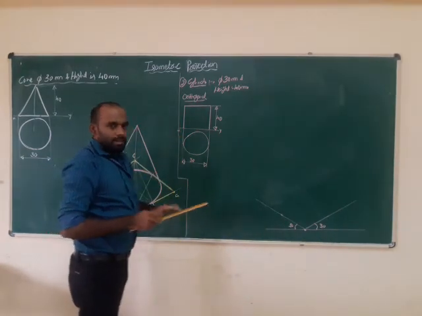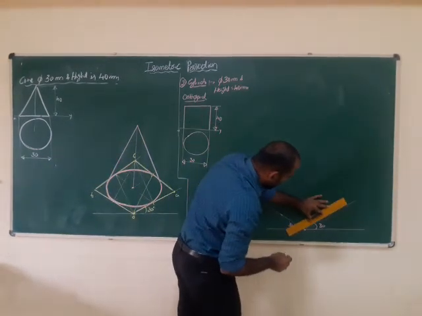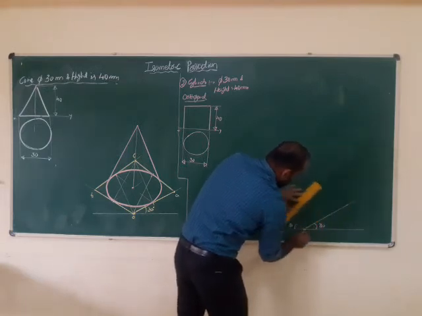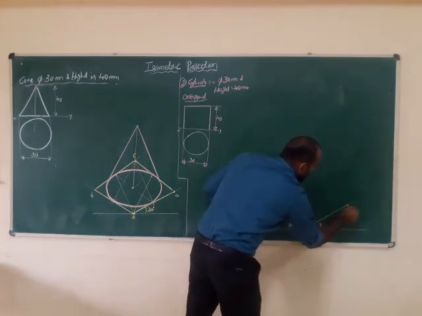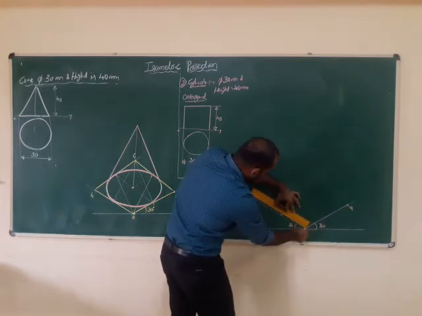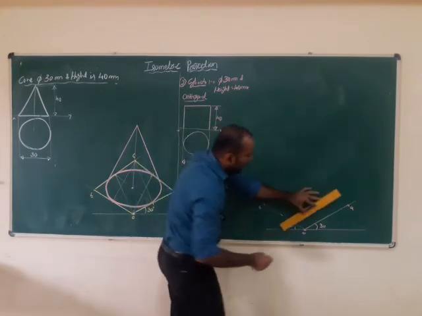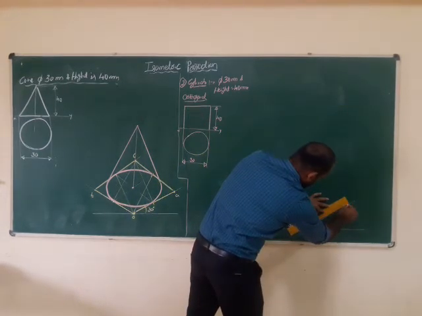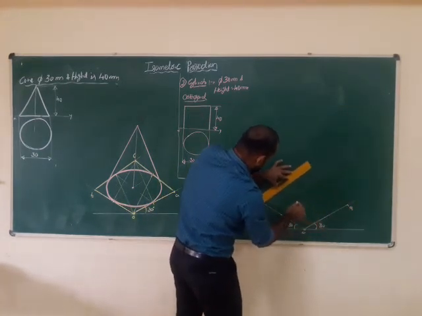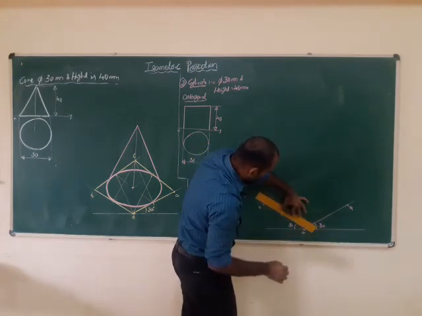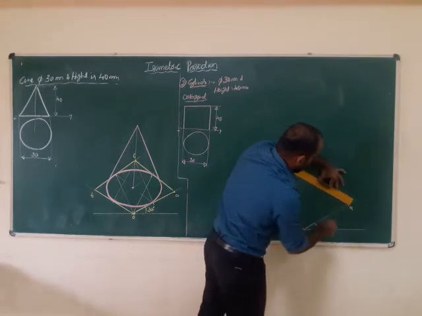The diameter is given as 30 mm, so take 30 from the O. This point is called A. From the O, this point is called B. After that, draw a parallel line from B, and from here draw one parallel line.